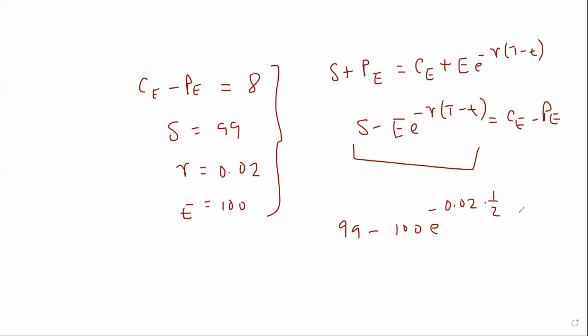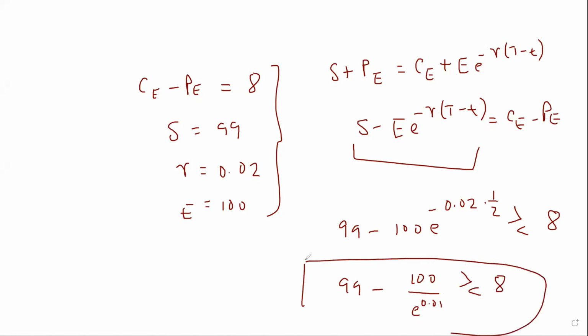And the right hand side is 8. The question is, is it greater or is it lesser? Well, you'll have to figure that out. So is this 99 minus 100 by e to the power 0.01 greater than or less than 8? Now, if it is greater than 8, then what will happen?